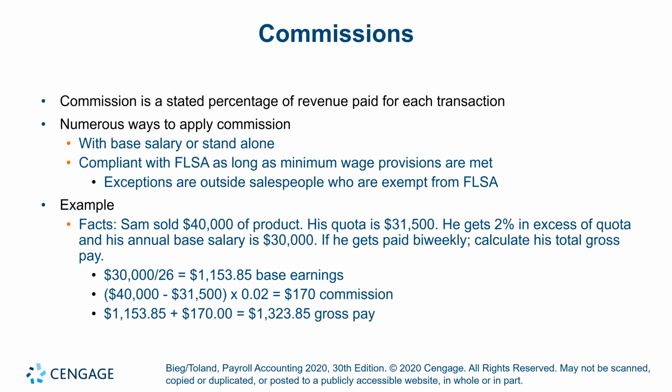That gives us those base earnings of $1,153.85. To calculate our commission, we take his level of sales minus the quota. That gives us the difference, 8,500 in this case, times the 2% sales commission, means he's going to make an extra $170. Then we take our base earnings plus commission equals our gross earnings. Okay, I think we're about done here.